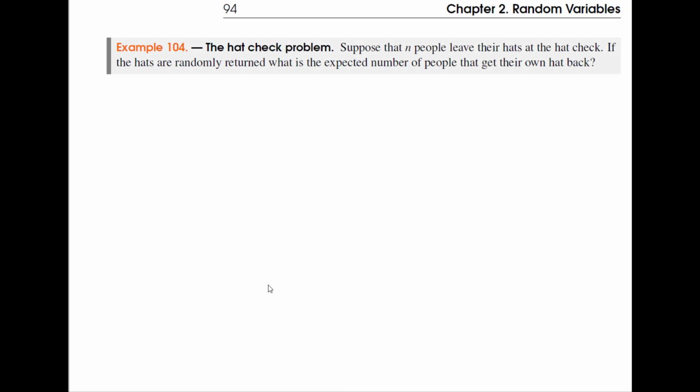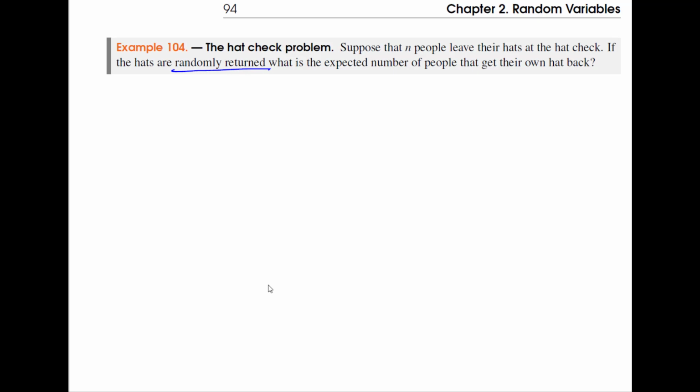All right, so there's a very famous problem, the hat check problem, where suppose that n people leave their hats at the hat check. They go to a party, they have a good time, and then when they want to go home, they go to collect their hat, but the hats are randomly returned.